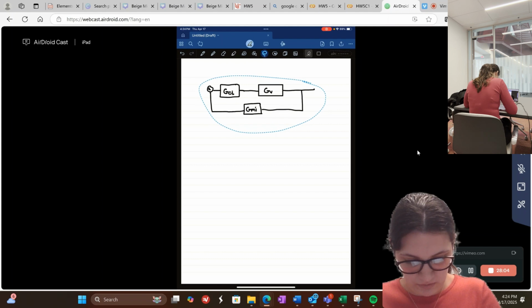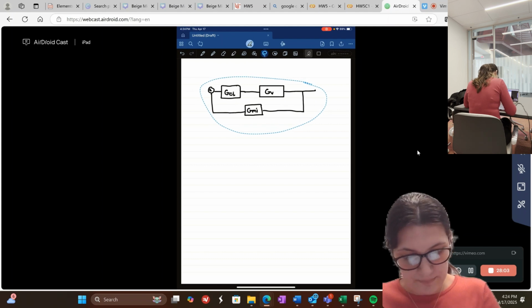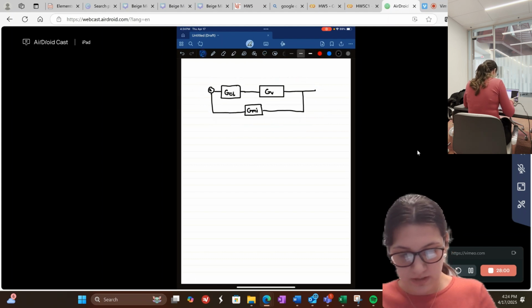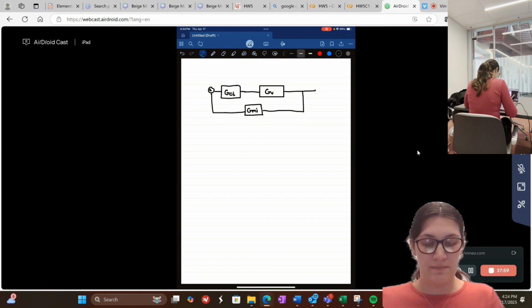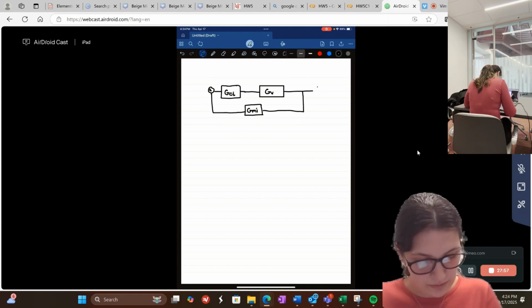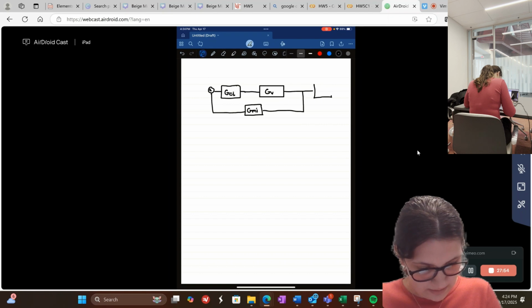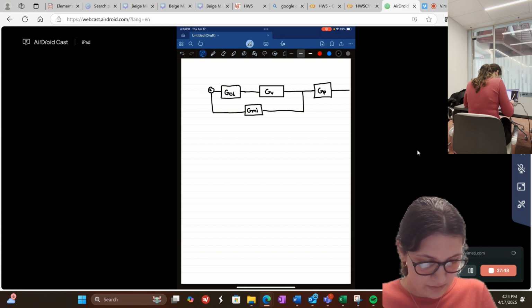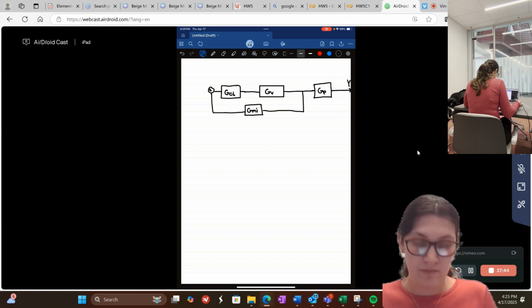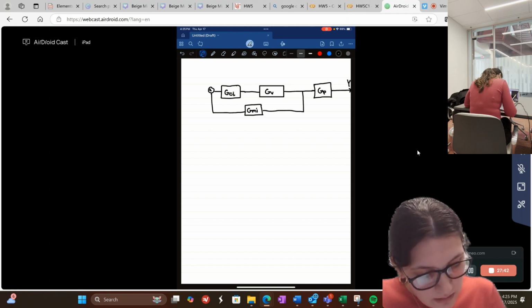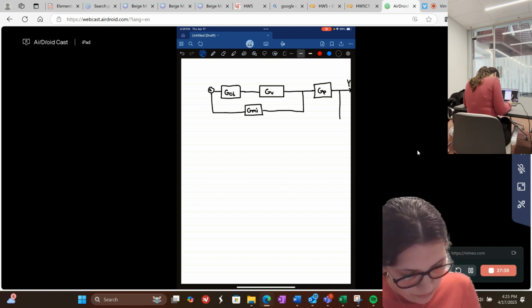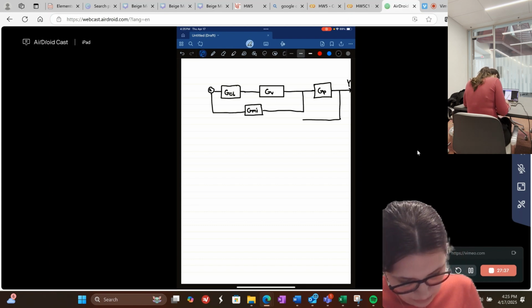Let me move this up for a little bit. Now for the outer loop, we still have a process going on, and that's our GP. So it's going on here, and it has a signal going out that way. Then we would have some outer measurement device.